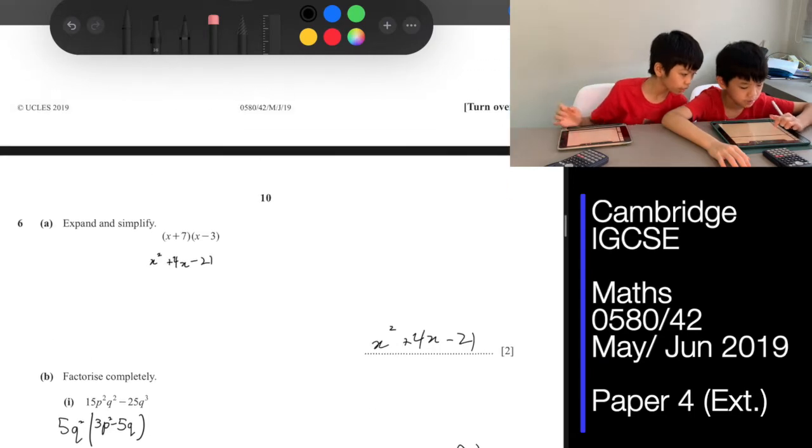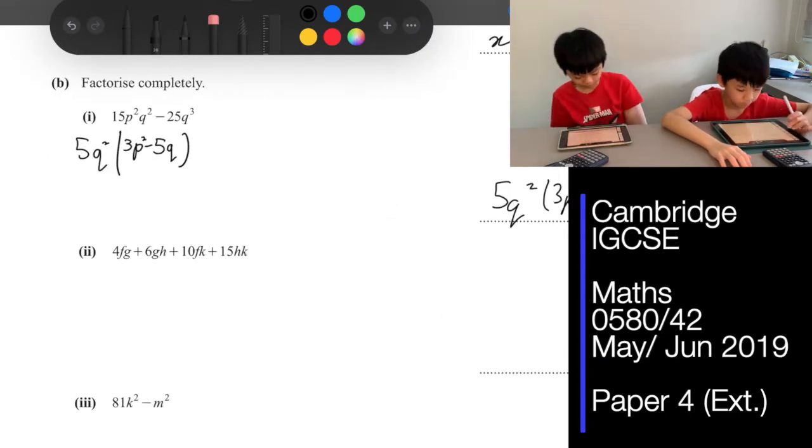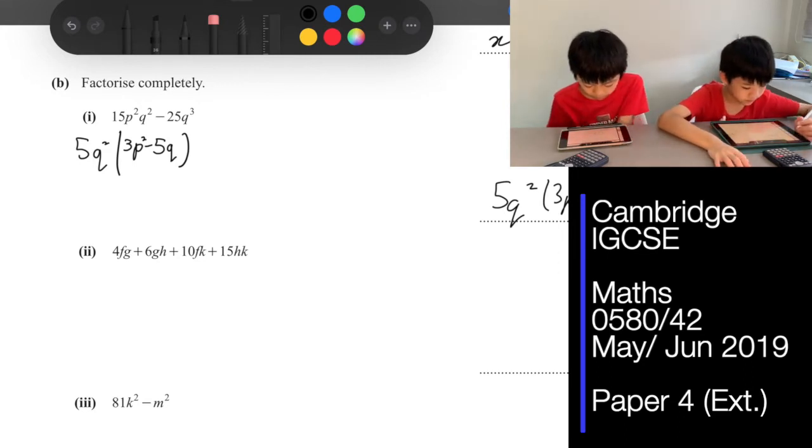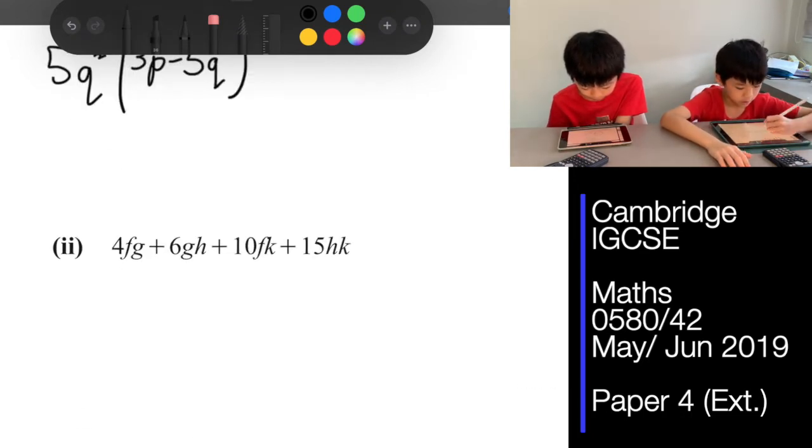For question 6b2, we need to factorize 4fg plus 6gh plus all of this. So first we'll group together all the things with the same factor. We know that g and g match, and k and k match, so we don't need to move anything.